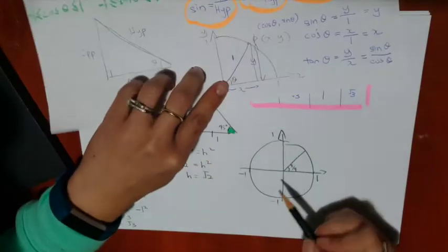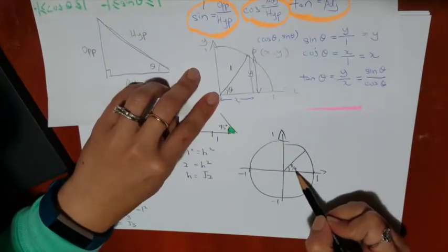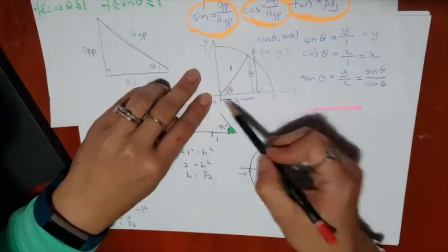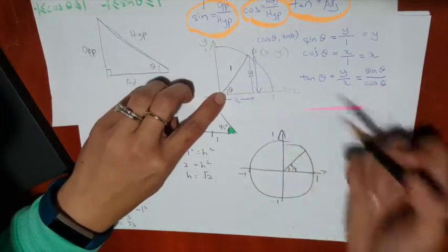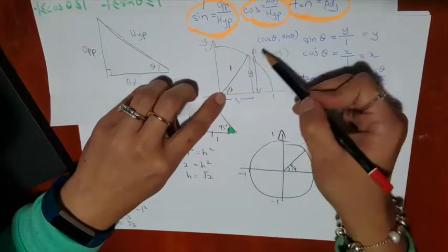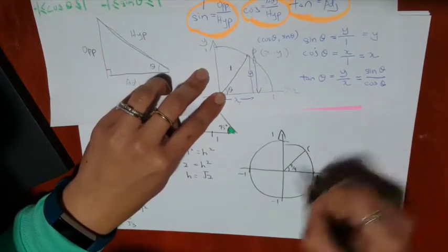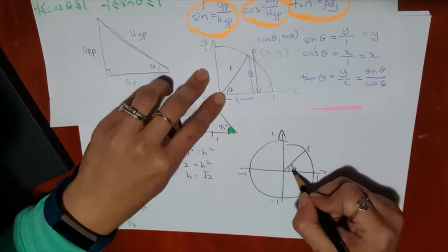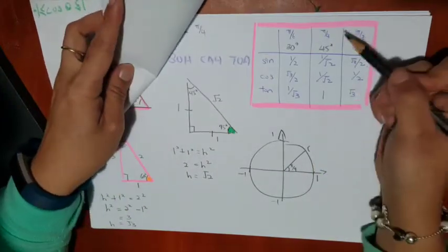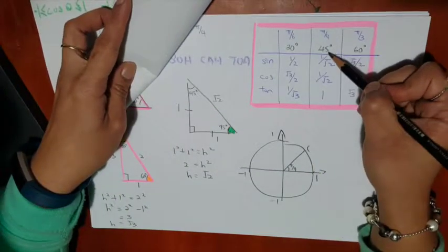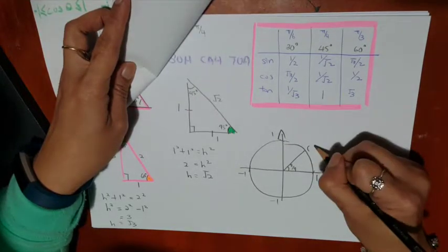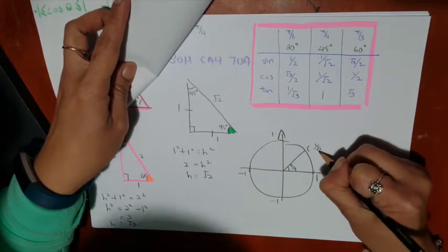So if this is pi over 4, we know that the angle is pi over 4. What is the value of my coordinate? The first one needs to be the cos of pi over 4, which in this case is 1 over square root 2.